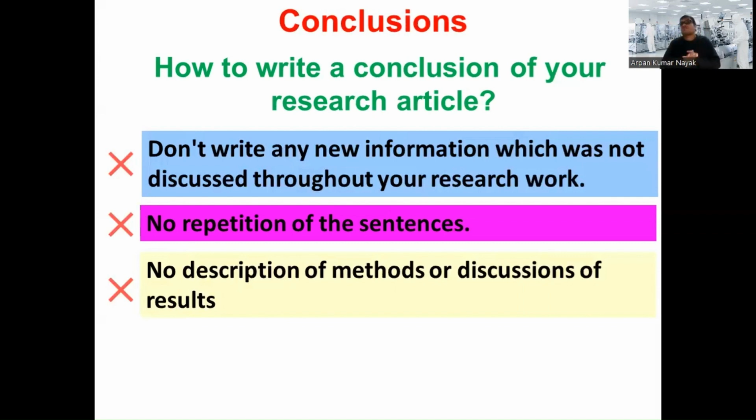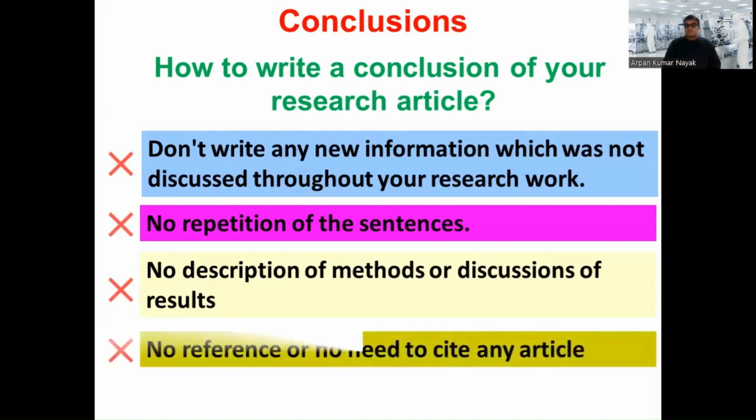The discussion is also not required in the conclusion, because we need a concise, clear and attractive conclusion. So here also, like in the abstract, we should focus on taking a few keywords from the results or methodology sections to make a sentence, not any description about methodology or results and discussion.